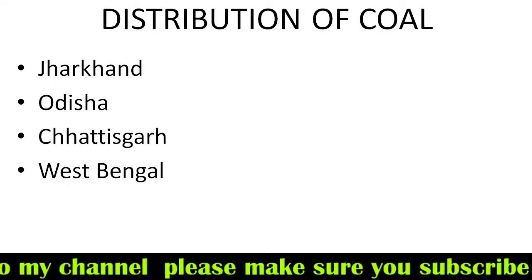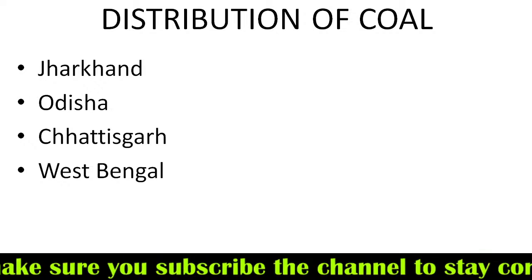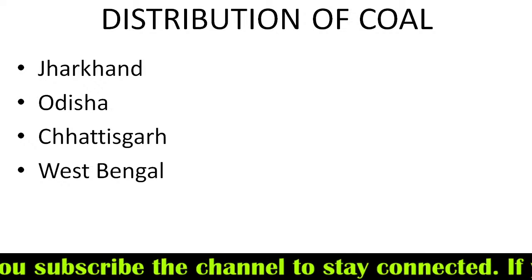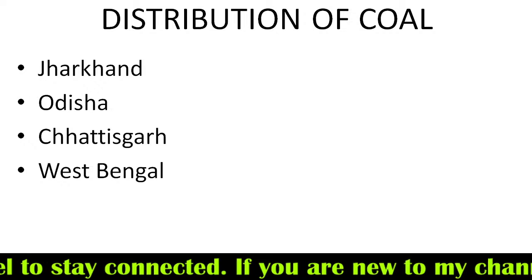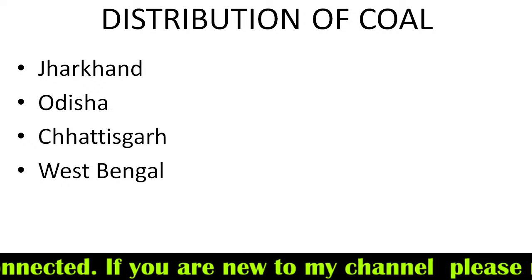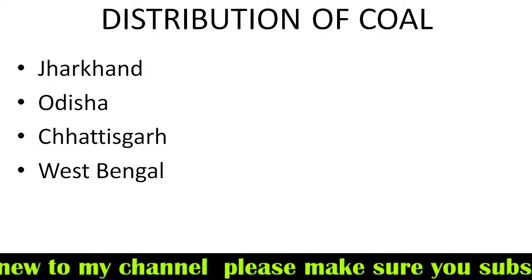And now the Godavari Valley coalfield, it is expanded mainly in Telangana, and of course now that Andhra and Telangana divided, it spreads across the Telangana region and Andhra Pradesh region.